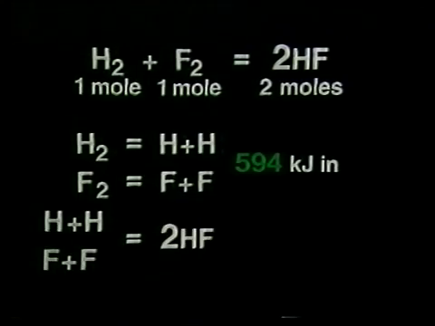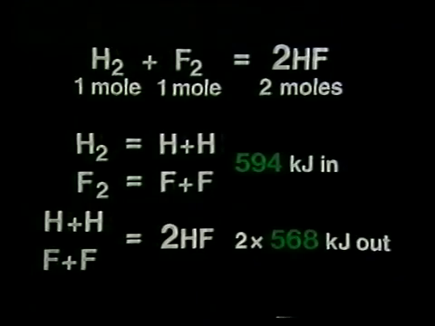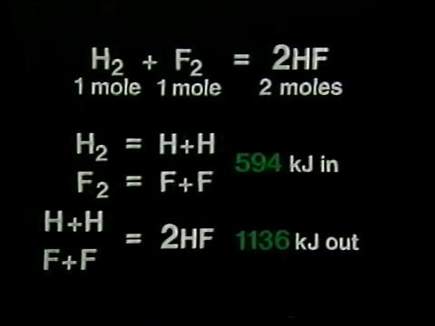The final step is to recombine these atoms into molecules of hydrogen fluoride to form H-F bonds. And this is the step that releases energy, an amount equal to twice the energy of the H-F bond. So that's a total energy output of 1136 kilojoules. So let's summarize. The bond energies tell us the energy input to break H-H and F-F bonds, and the energy output when H-F bonds are formed.